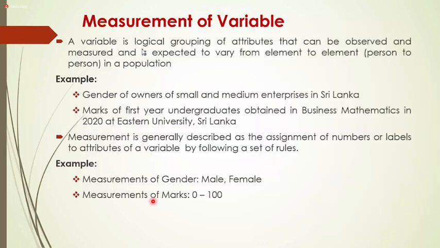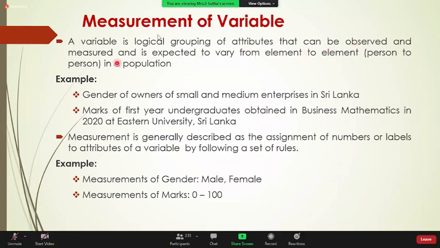So now with those examples, here we are defining a variable. A variable is a logical grouping of attributes that can be observed and measured and is expected to vary from element to element in a population.